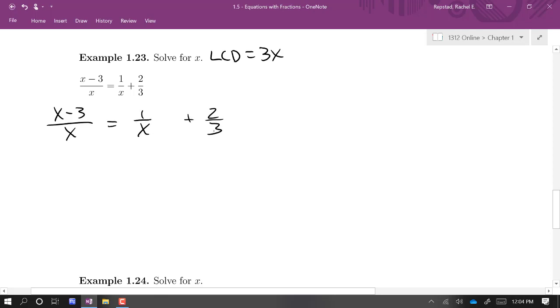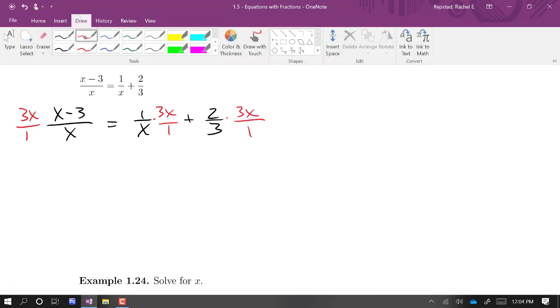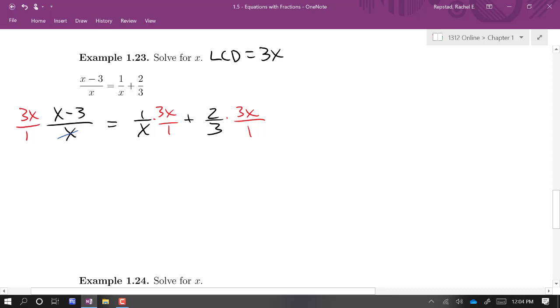So I multiplied both sides by 3x. That means I'm going to multiply all terms by 3x. Every term's going to get zapped with a 3x.